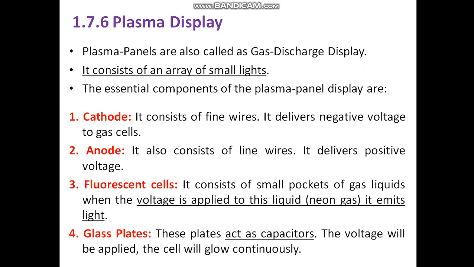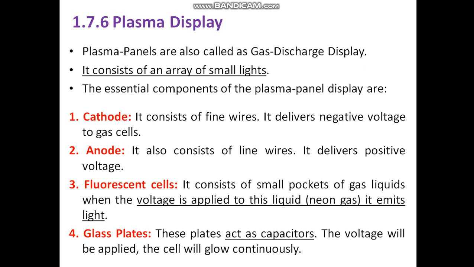The first one is the cathode. The cathode and anode are types of electrode. The cathode is the electrode from which current exits a polarized electrical device. It consists of a fine wire and delivers negative voltage to the gas. The anode is exactly the opposite of the cathode.